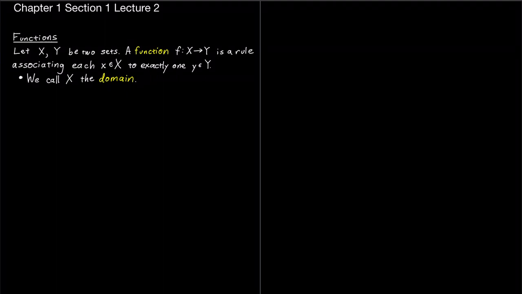The next two words, range and image, exactly what they mean varies from mathematician to mathematician, so every book is going to have to tell you what it means by range and image, but this is what our book means. We call Y the range.